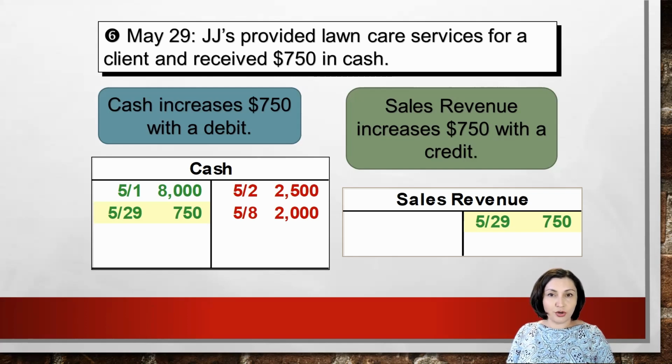An increase in an asset account is shown on the debit or left side of the account. The revenue account, sales revenue, increased by $750. An increase in the revenue account is shown with a credit. The amount is placed on the credit or right side of the account.